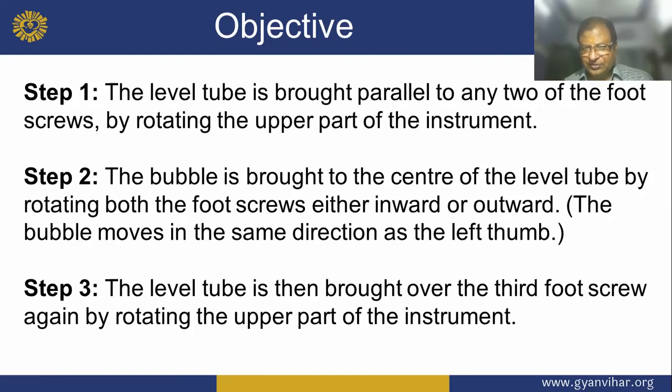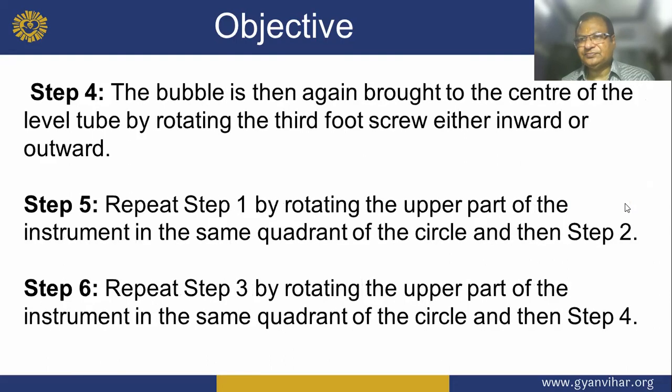The level tube is then brought over the third foot screw again by rotating the upper part of the instrument. The bubble is then again brought to the center of the level tube by rotating the third foot screw either inward or outward.